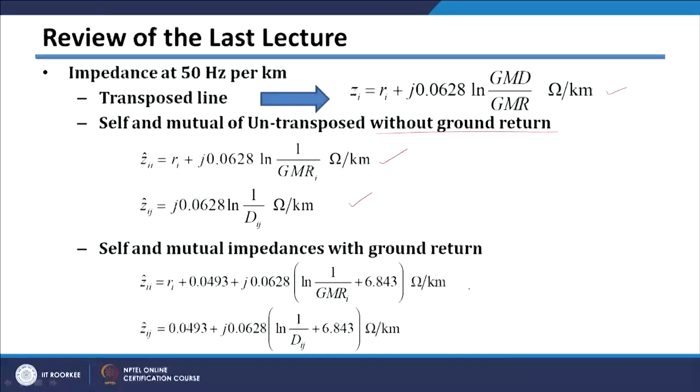However, if you want to consider the ground return path also in your calculation, then you need to consider the equations given by Carson, and we have tried to derive these equations and the terms. Basically, he has added these particular terms which take into account the effect of the ground impedance, that is ground resistance as well as ground inductance.